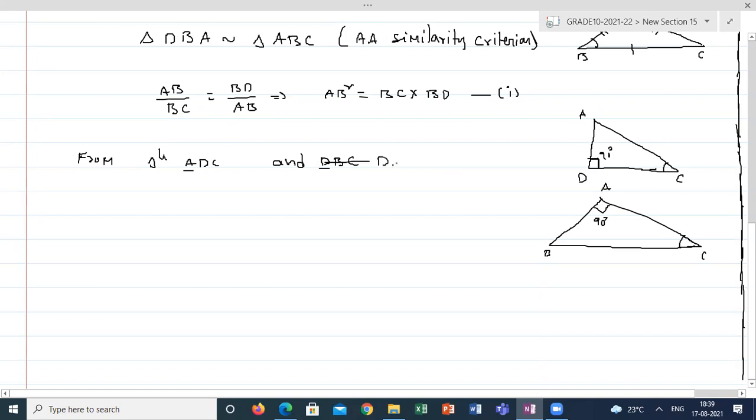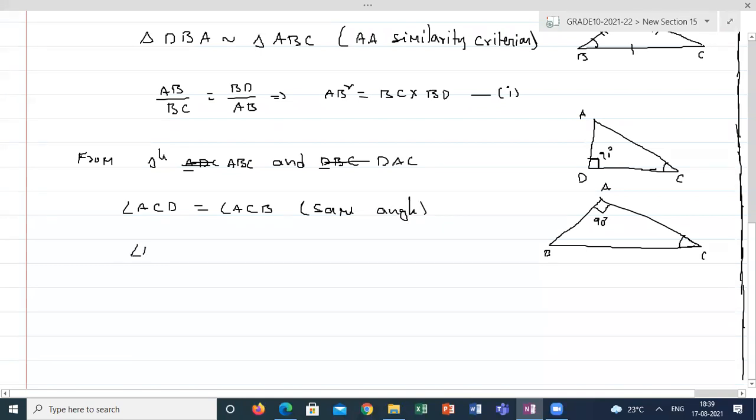This is wrong. DAC, and this is ABC. Triangle ABC and DAC. Angle ACD is equal to angle ACB, the same angle.